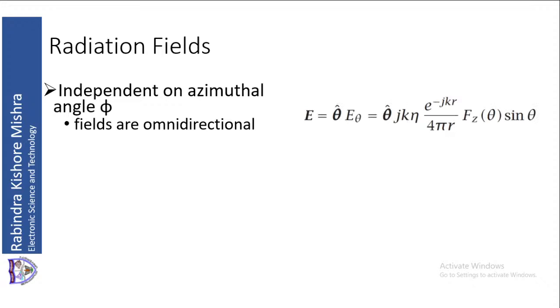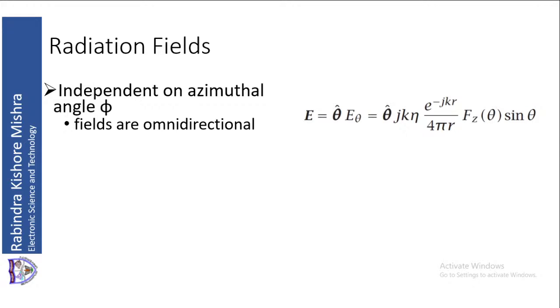If it is omnidirectional, then we can say the electric field E is equal to theta cap E theta. That will be theta cap j k eta exponential minus j k r by 4 pi r F z theta sin theta. This expression we have already seen earlier.